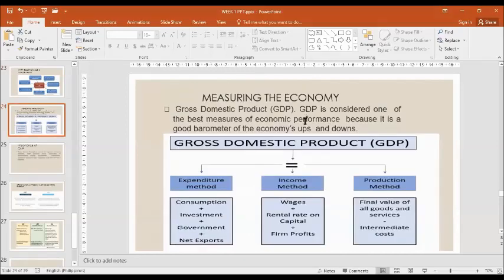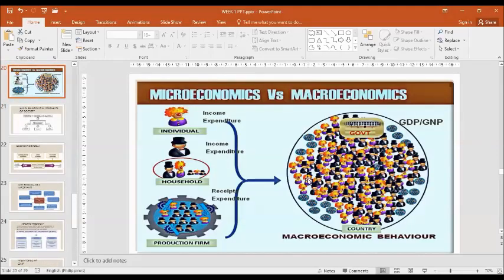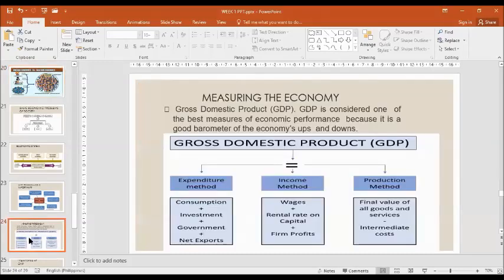So in terms of measuring the economy, in our macroeconomics, there is involvement in measuring our economy, which includes the GDP and the GNP. Here, the GDP, or the gross domestic product, is considered one of the best measures of economic performance because it is a good barometer of the economy's ups and downs.